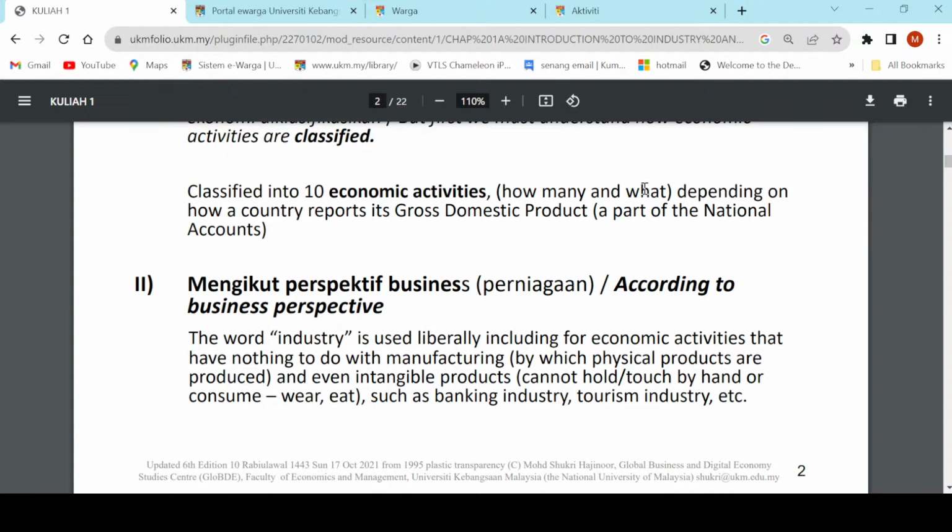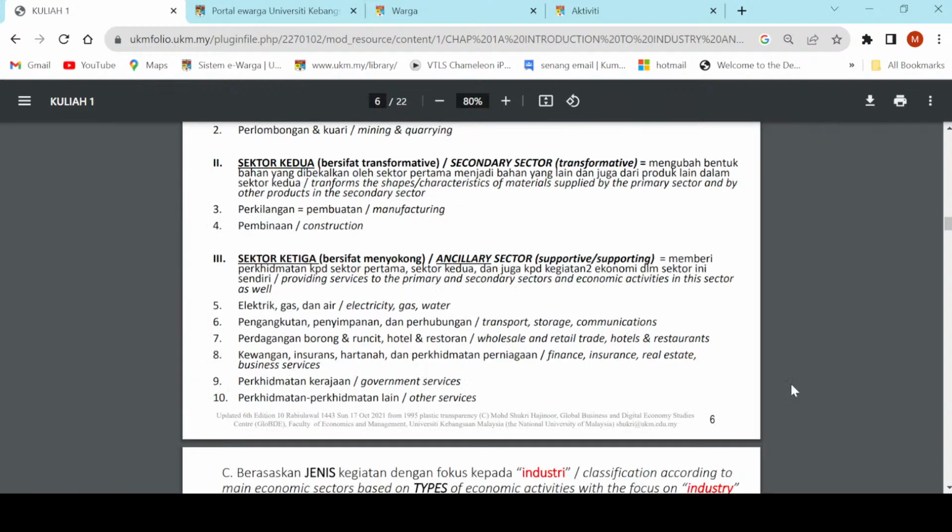That's A. Second way, which is B, is based on the characteristics of production.